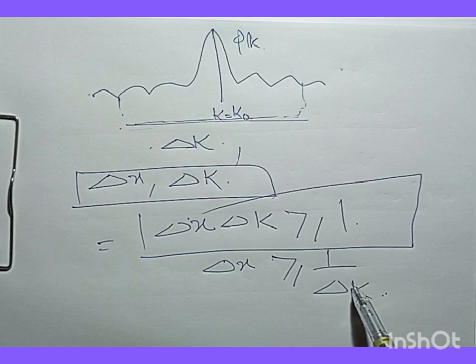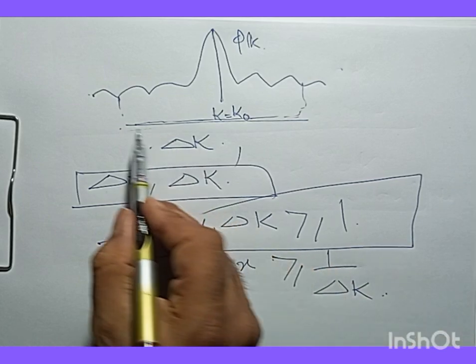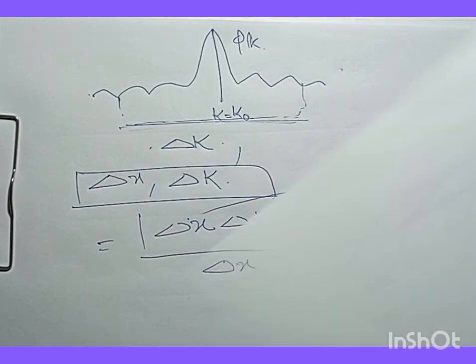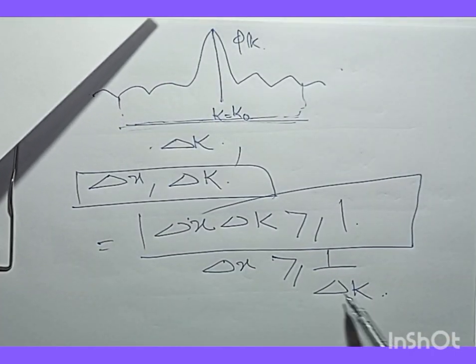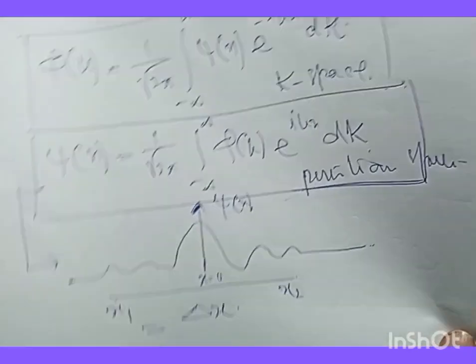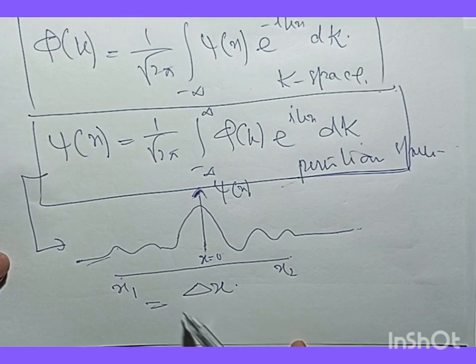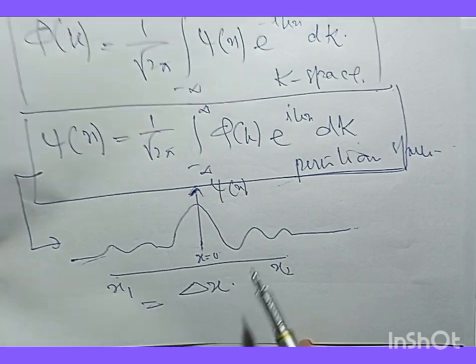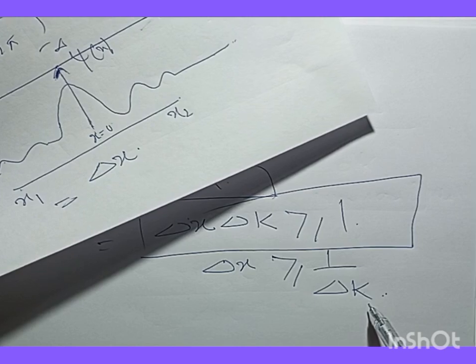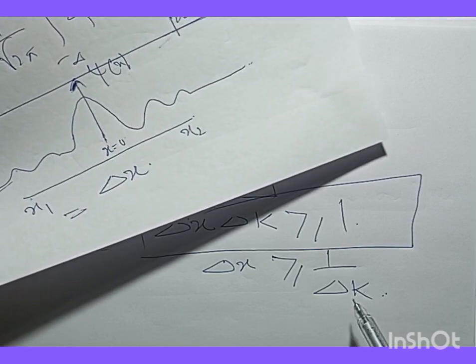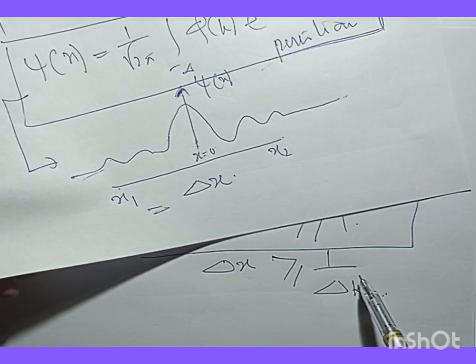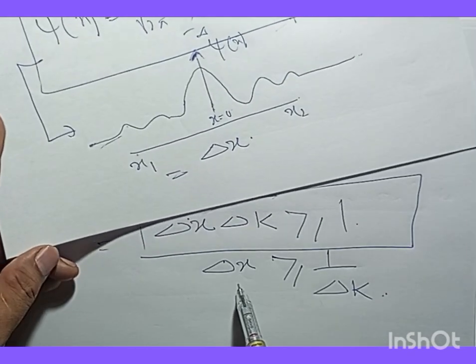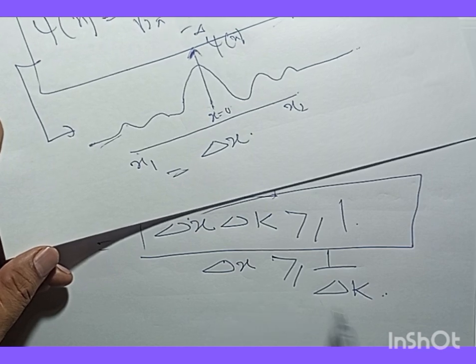So if there is a large change in the momentum space, the change in the position space is going to be minimal. I mean, if both are taken simultaneously, then delta k being large is indicative of the fact that delta x is small, and vice versa.